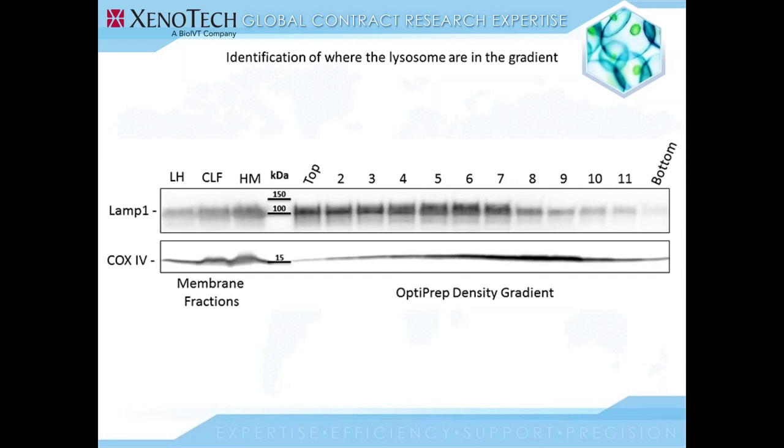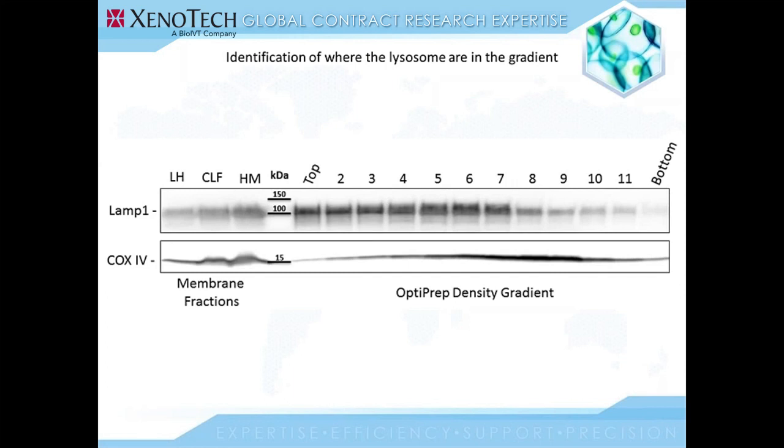Now, if you move on to the right side of the immunoblot, this is where we loaded our gradient. Left to right, it's top to bottom, and these particular lanes were loaded per volume, not per milligram protein. So we used 20 microliters of each fraction, and we ran it out and looked for LAMP1. Using a very traditional lysosomal marker, we can see that the presence of this marker correlates very nicely with the enzymatic activity data on the previous slide.